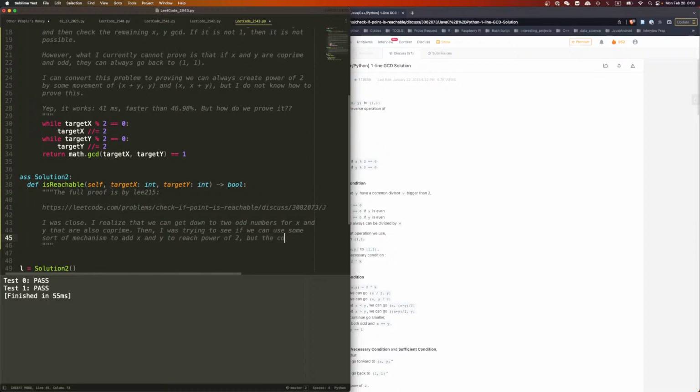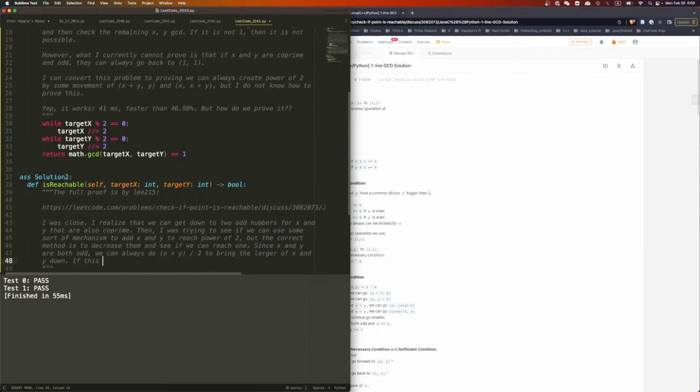But the correct method is to decrease them and see if we can reach 1. Now, since x and y are both odd, we can always do x plus y divided by 2 to bring the larger of x and y down.